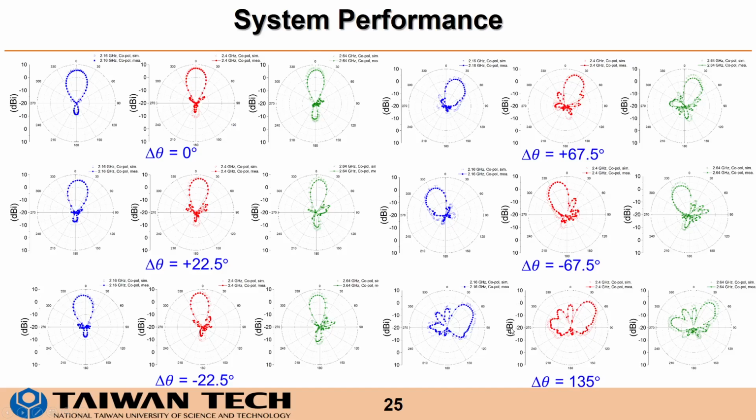However, in the beam variation of 45 or minus 45, when it moves near the edge of the spatial coverage, we got the side lobe level a little bit large, and however, it still remains below the 10 dB of side lobe level.